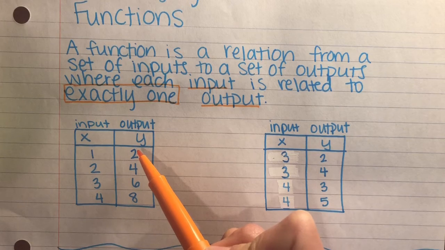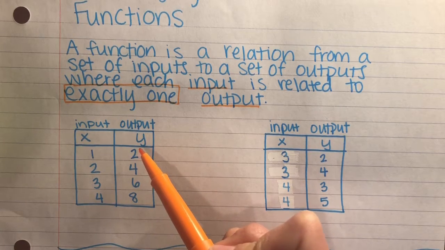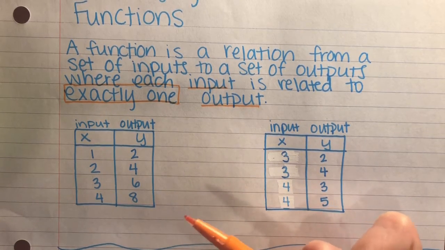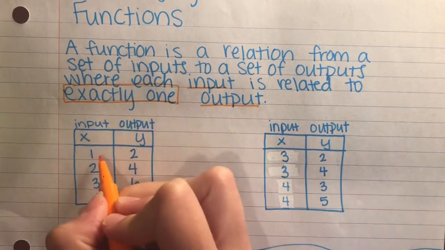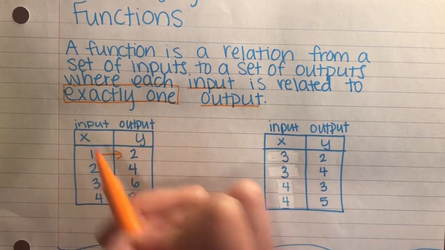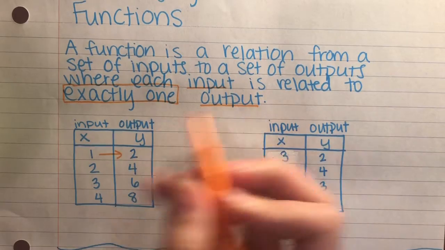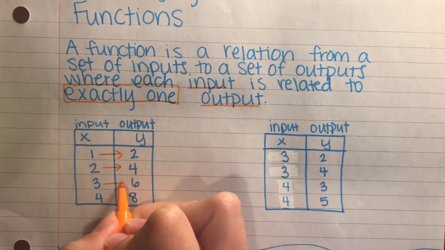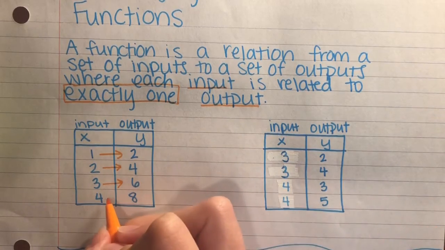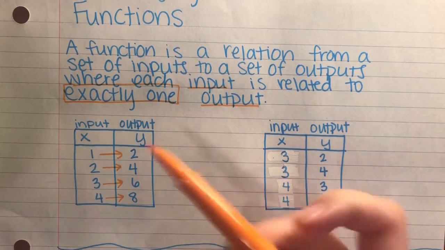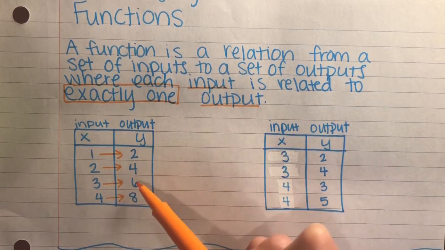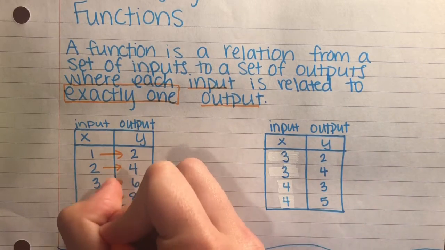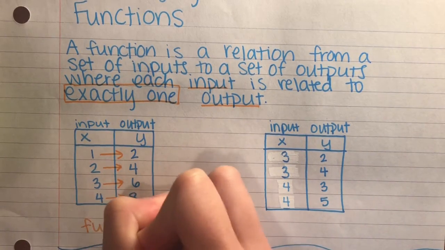You can't have more than one output for every input. So if we look here, when x is 1, y is 2. When x is 2, y is 4. When x is 3, y is 6. And when x is 4, y is 8. So for every x, there is exactly one y. So this is a function.